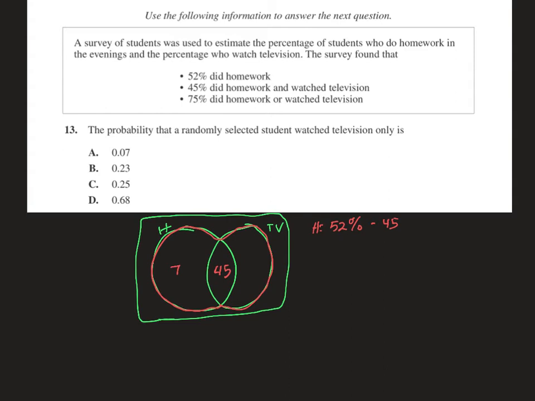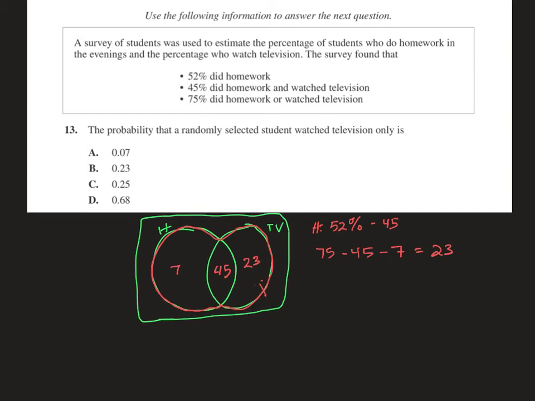To get the only TV, this empty spot, we'd go 75 minus the 45 minus the 7, because everything within the circles has to add up to 75. So if we subtract that, we should get 30 minus 7, 23. Okay, so 23 would be the number that goes there.